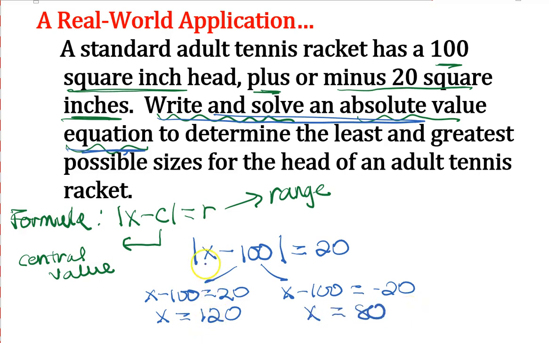If you mentally check those, 120 minus 100 is 20. The absolute value of that is 20. 20 equals 20. 80 minus 100 is negative 20, but the absolute value is positive 20. So 20 equals 20. They both check.